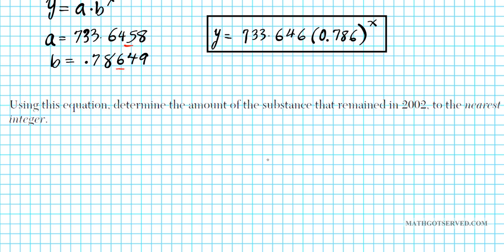It says, using this equation, determine the amount of the substance that remained in 2002 to the nearest integer. You have to be really careful here. Some students will be in a haste to say x is 2002, so they plug that into this equation and calculate. That is incorrect.